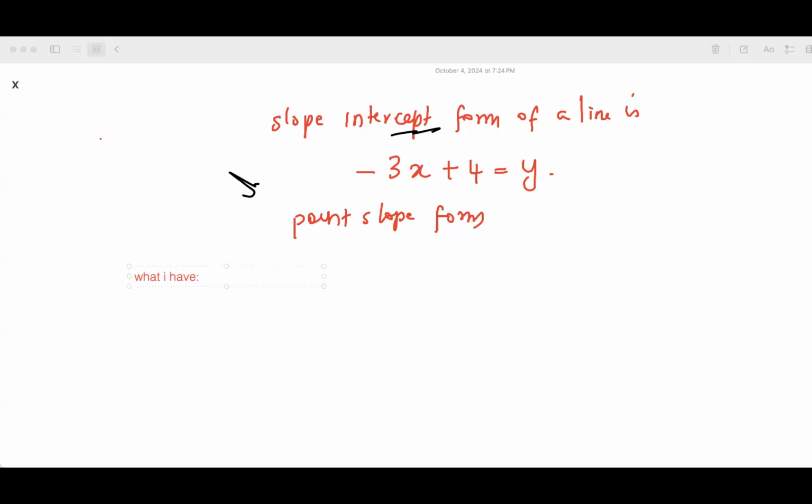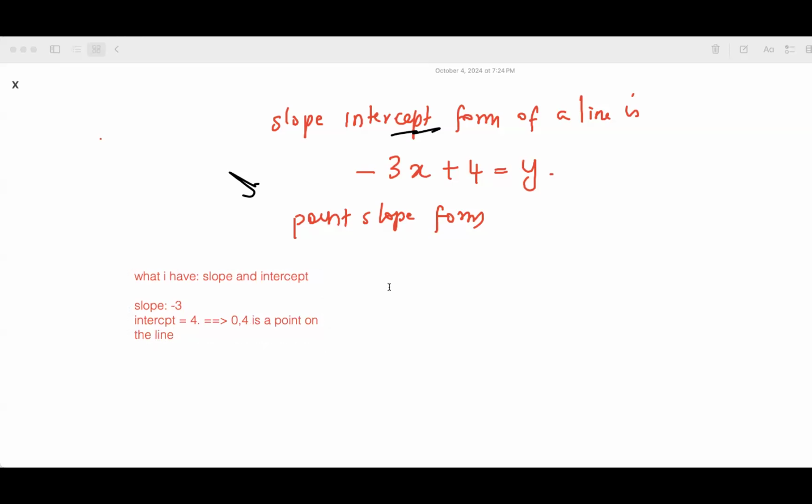What do I have? I have the slope and the intercept. What is the slope in here? Minus 3. What is the intercept I have in here? 4. But that means what? That means what point is on the line? 0, 4. 0, 4 is a point on the line.